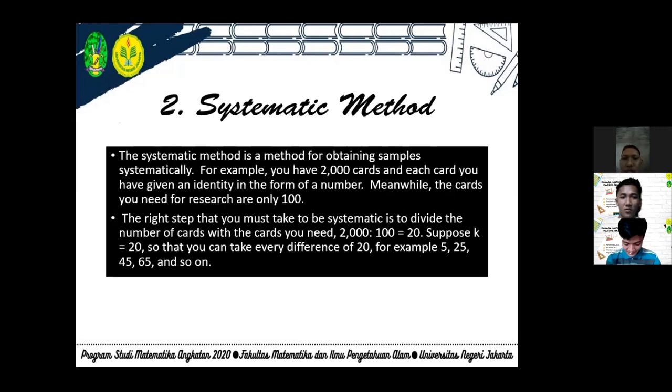Two, systematic method. The systematic method is a method for obtaining samples at regular intervals.